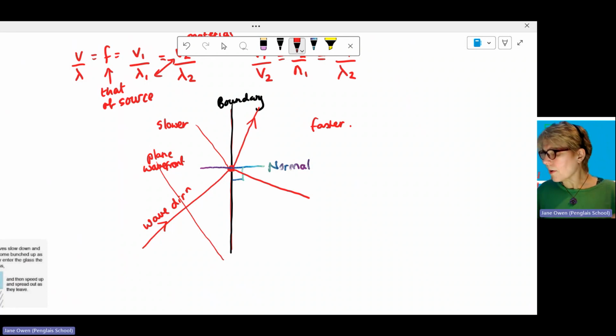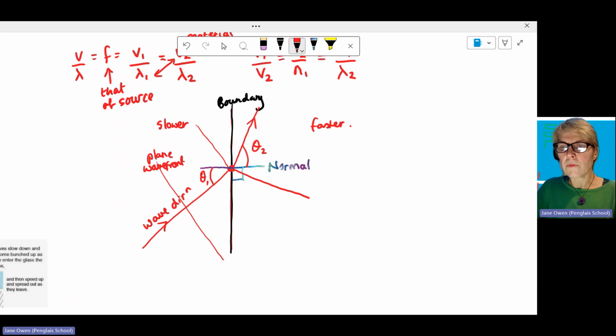We've got the incident angle, let's call it theta 1, and the refracted angle, we'll call that theta 2. The incident angle, theta 1, is the angle between the wave direction and the normal. The refracted angle is the angle between the refracted wave and the normal. Having said that, this is fully reversible.